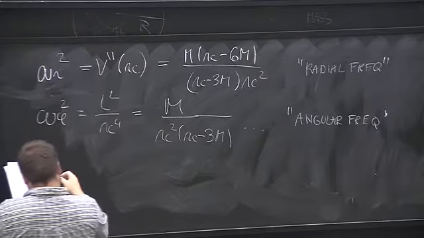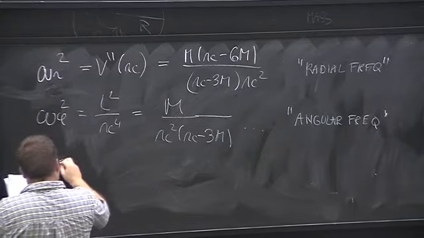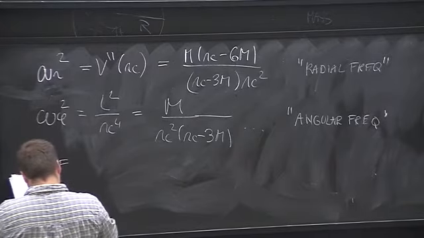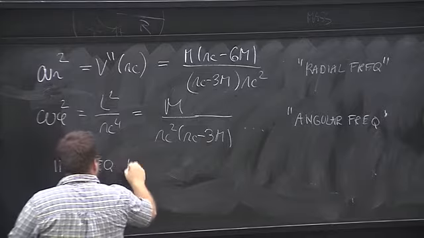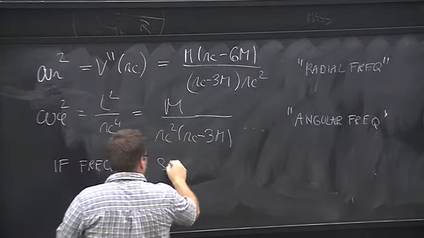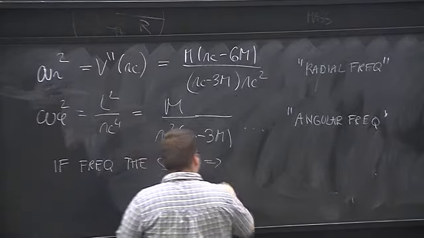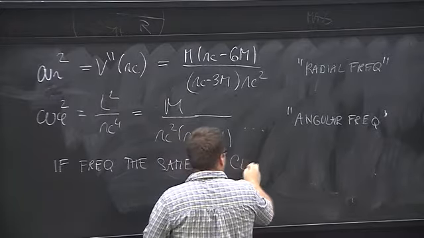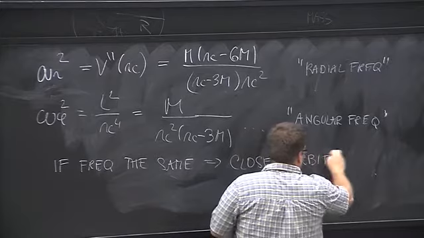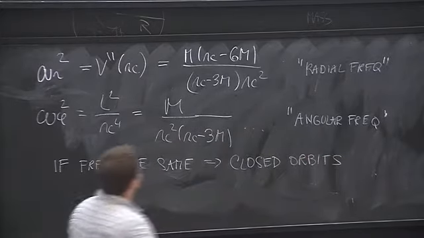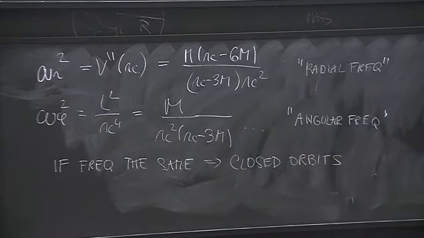So if the frequencies are the same, then we have closed orbits. Now the point is that, of course, they are not the same. They look the same, but not really.